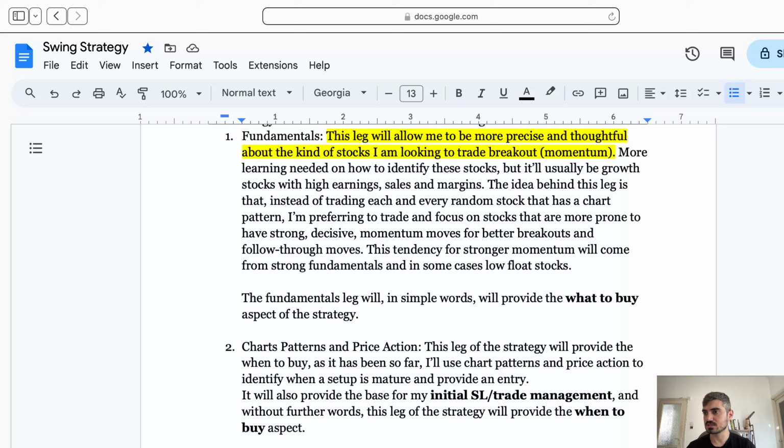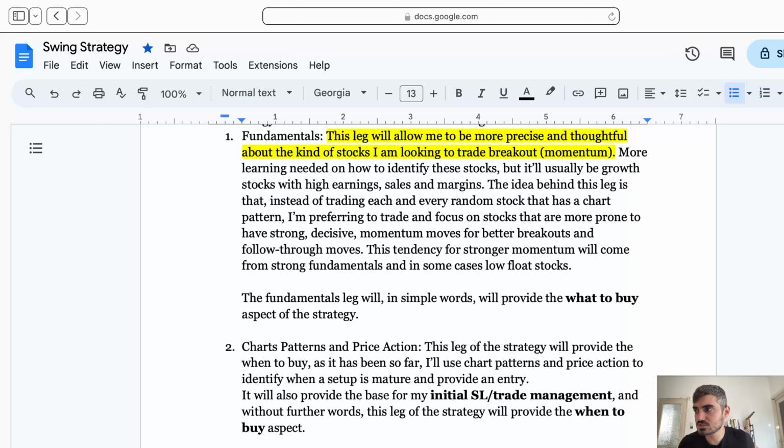I'm not going to go into the value side of the company, but more the statistics: earnings, margins, and sales, guys. High growth is what I want to see on those. And there is more learning on my side, as I mentioned, to know how to identify these in a more efficient and precise way.